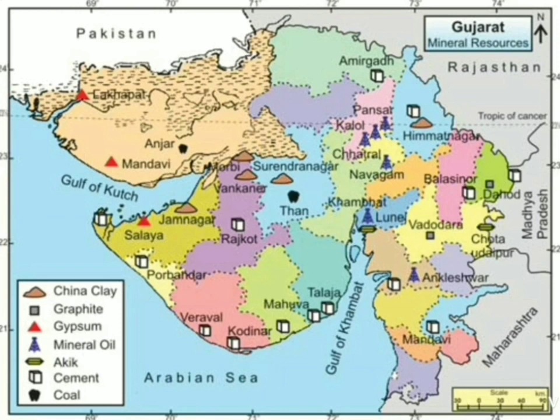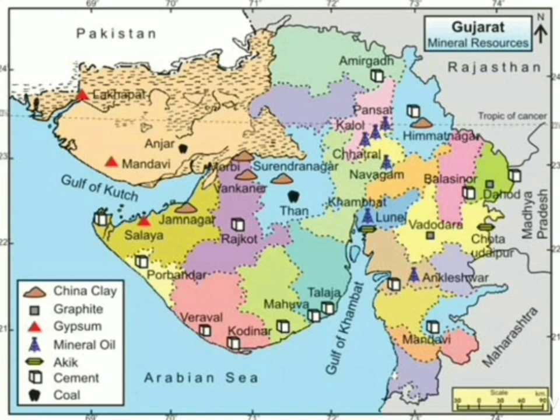Students, you will be able to find that conventional sign at Morbi, Wakaner, Surendranagar, Jamnagar and Himmatnagar. That means china clay is easily available at Morbi, Wakaner, Surendranagar, Jamnagar and Himmatnagar.